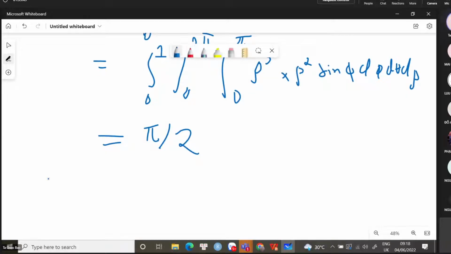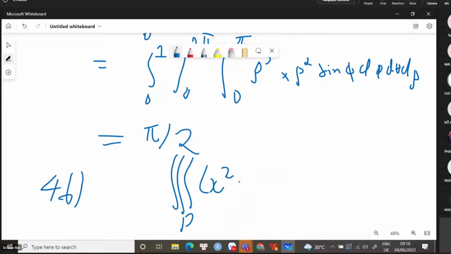Similarly, for question 4b, you can see that it contains the term x power 2 plus y power 2 plus z power 2 to the power minus 3 over 2 dv.